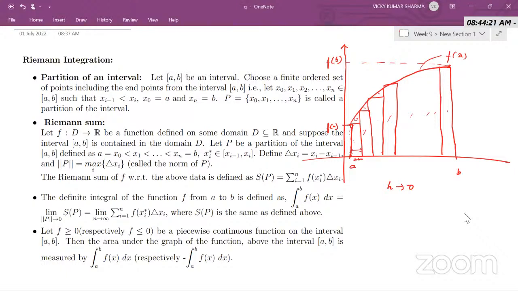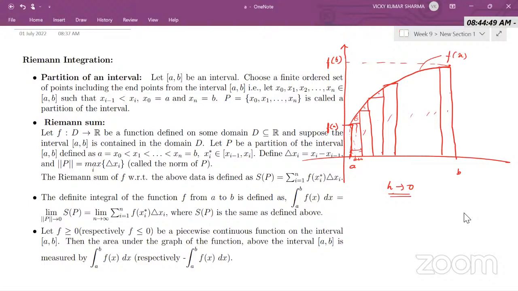When I say my h is 1, then a plus 1 will be somewhat half of it. Agree? Yes, sir. When I'm taking half of it again, it becomes still narrower. Then can I say this void, this area, is getting smaller and smaller? So what is happening when this h tends to 0? I can find this area better, right?